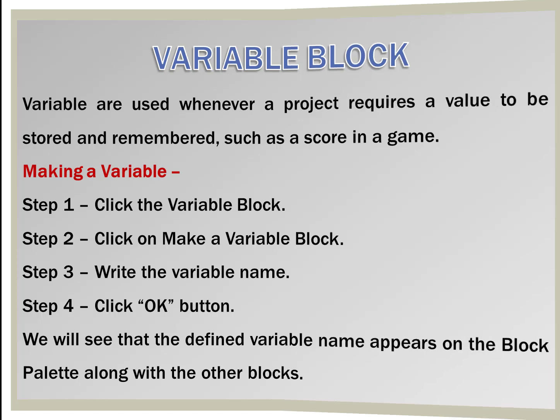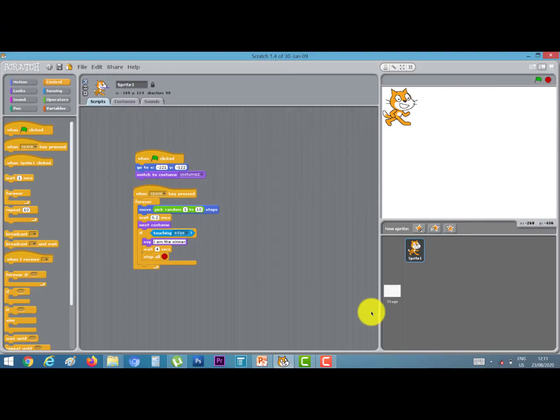Let's do a practical. Open your Scratch window. Here I take a sprite like a cat. Now go to control block. Here I choose when clicked option. This is when clicked option.